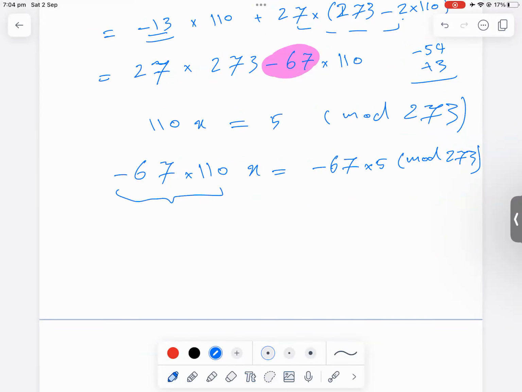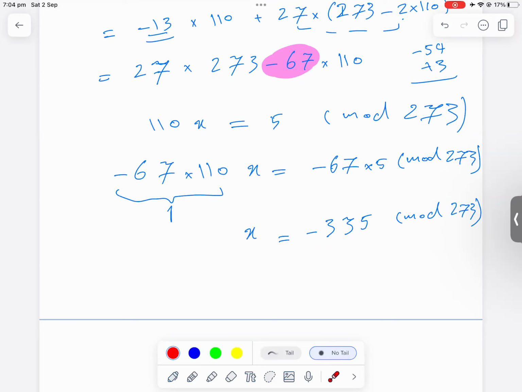This guy is 1, because of what we discussed. So x will be minus 335 in mod 273.